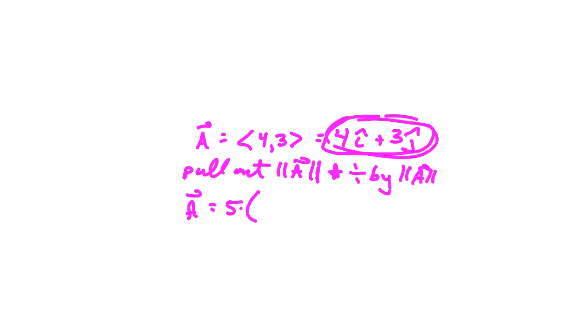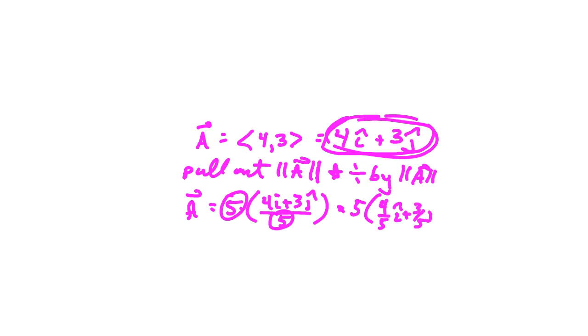Basically I take 4i hat plus 3j hat all divided by 5, right? So to undo the multiplication by 5, I divide by 5. Of course, then I could rewrite this as 5 and then divide each part by 5. So 4/5 i hat plus 3/5 j hat. So I can do that as well. Okay.